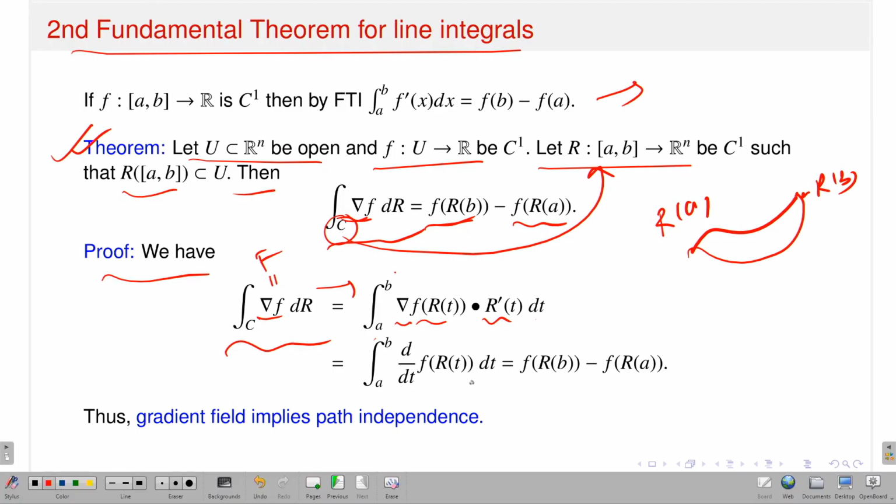So, now what is this? This is very nice. So, look, what is R prime of t? R prime of t is a vector in Rn, okay, and what is the gradient of f at R(t)? That is also a vector in Rn, okay.